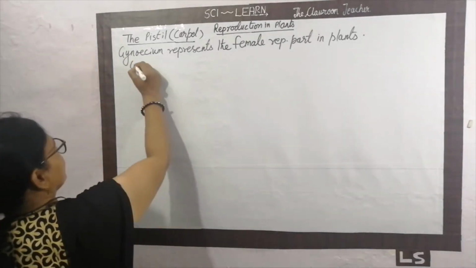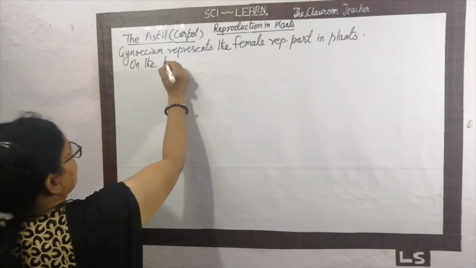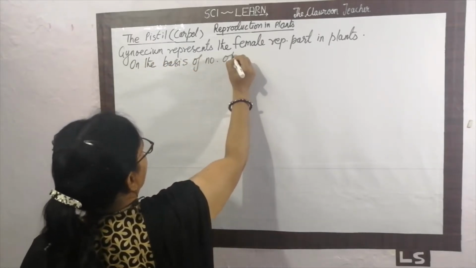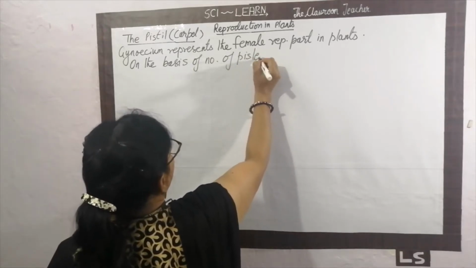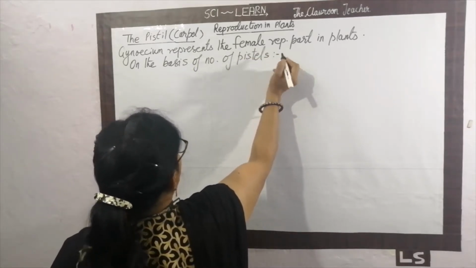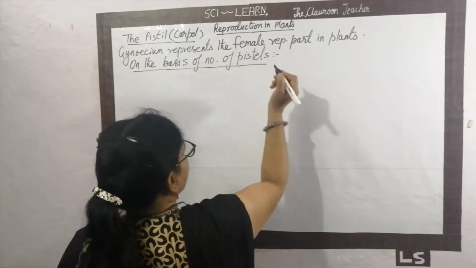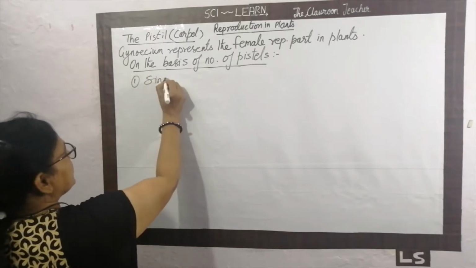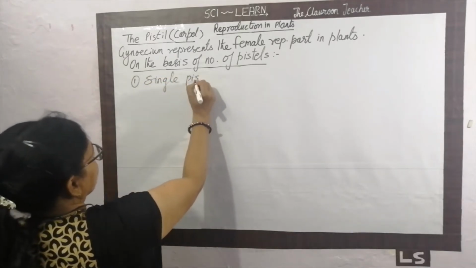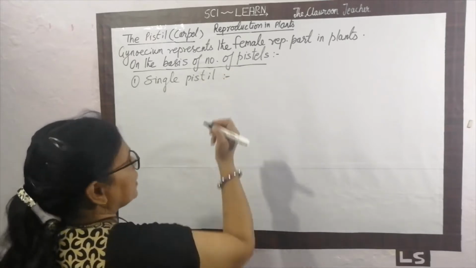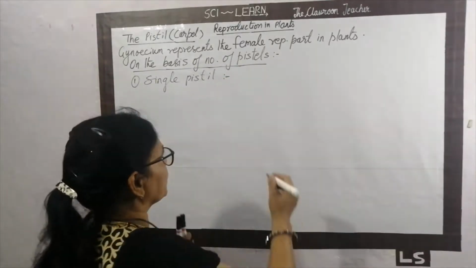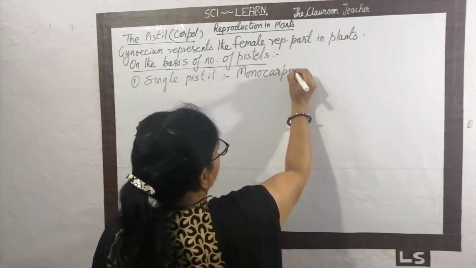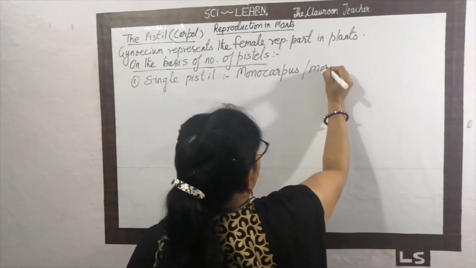So on the basis of the number of pistils, we are able to divide it into two parts. First, a single pistil: if a single pistil is there, then it is called monocarpous or monocarpellary.